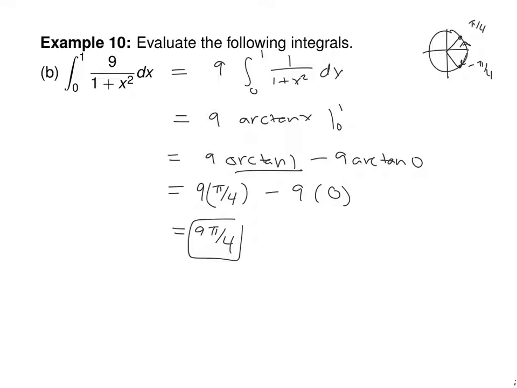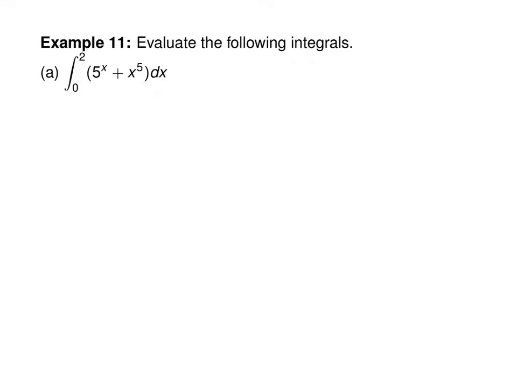Oh man, this one's only a little bit tricky. Antiderivative of 5 to the x. So obviously it's going to contain a 5 to the x, right? Now the derivative of 5 to the x is ln 5 times 5 to the x, right?